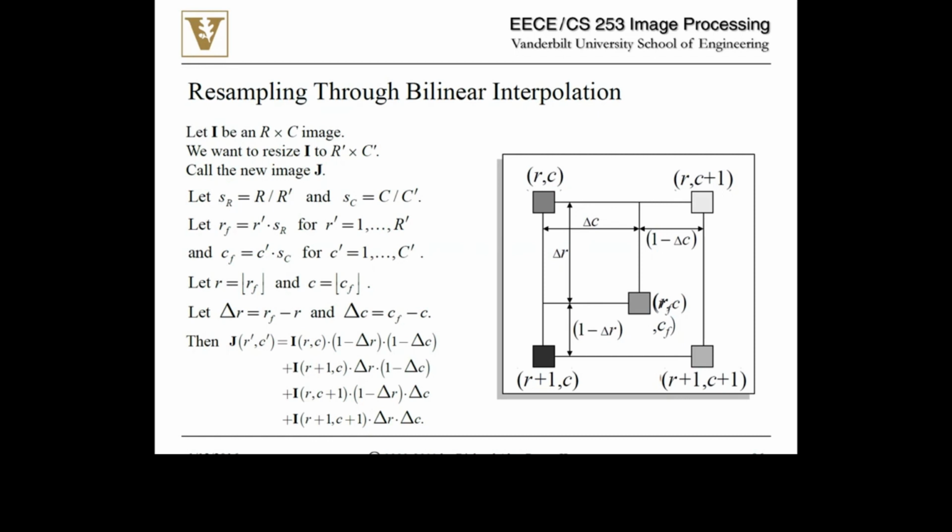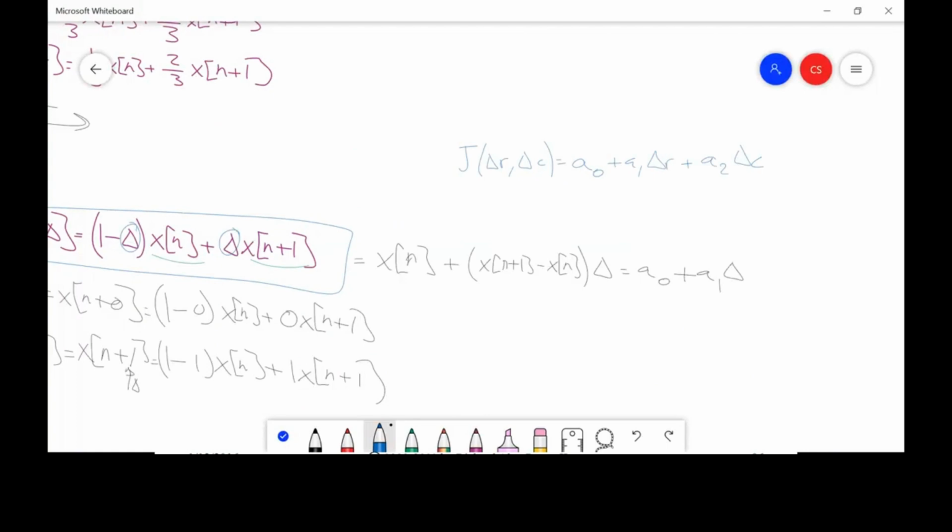For instance, where do you have delta C alone? When you multiply this times this times this, you have delta C alone. But you would also expect to have delta R, delta C terms. But if you make all the multiplications, at the end all the cross products will disappear. All the terms in delta R, delta C will cancel each other. So you will have the equation of a plane.